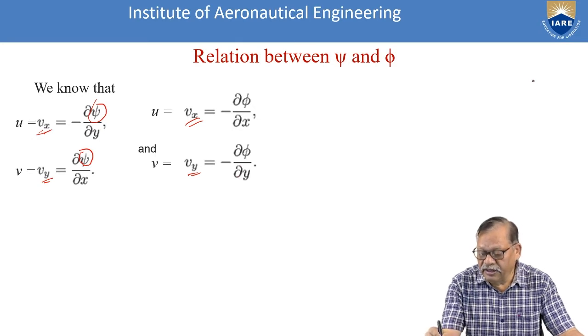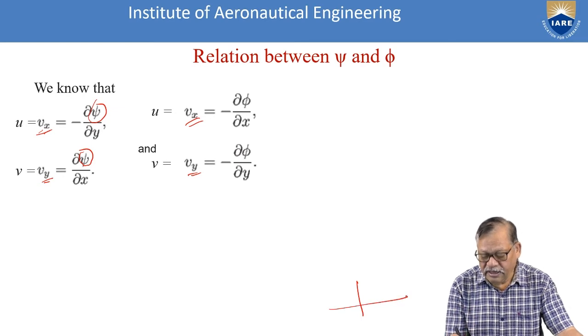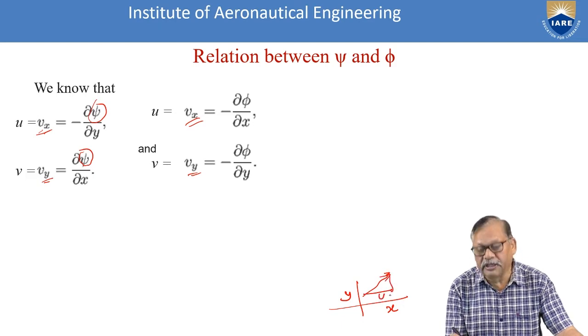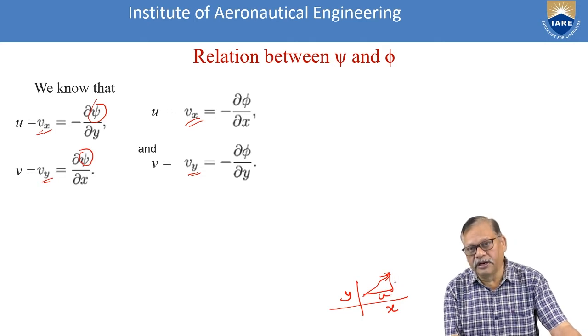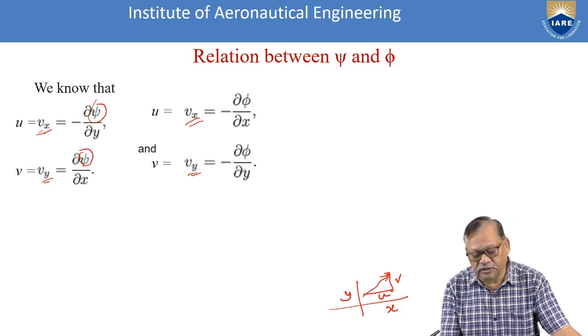Let me elaborate on that a little here. When there is a flow like this, it will have two components, one horizontal and one vertical. The horizontal component is u and the vertical component is v.